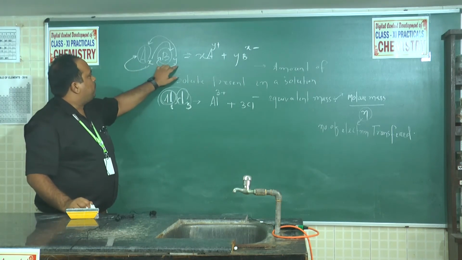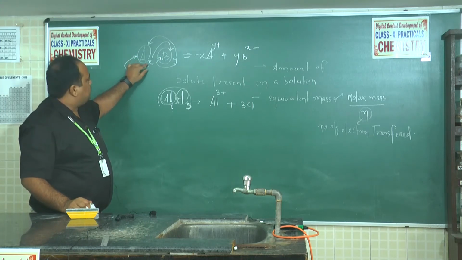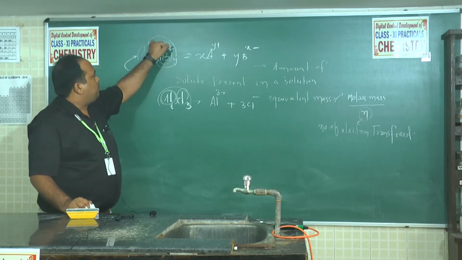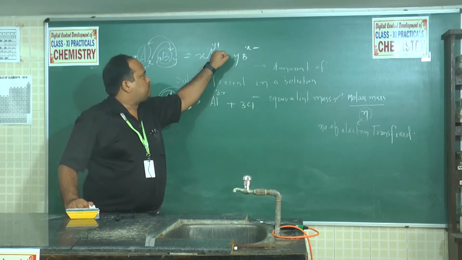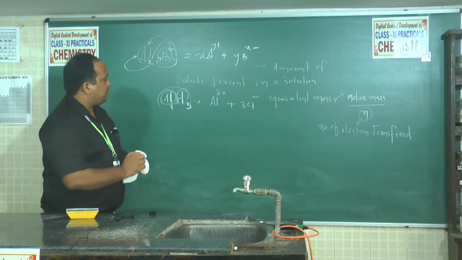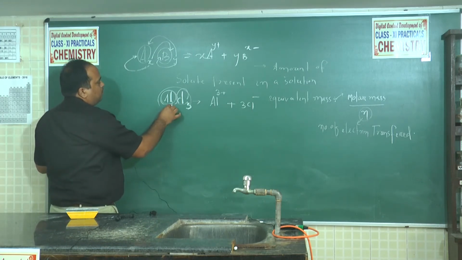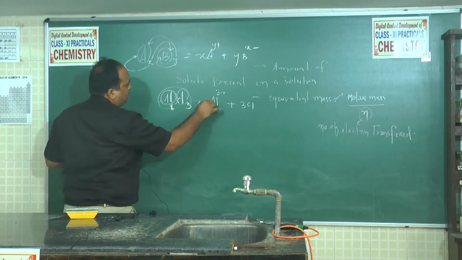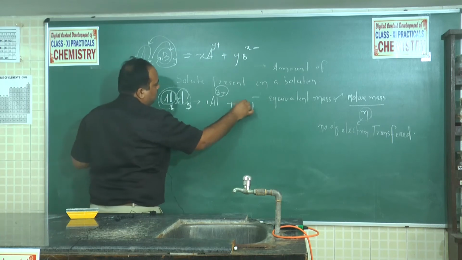The first one carries the positive charge, the second one the negative charge. Similarly, I am splitting here: 1 Al with charge 3 plus, then 3 Cl with charge 1 minus.